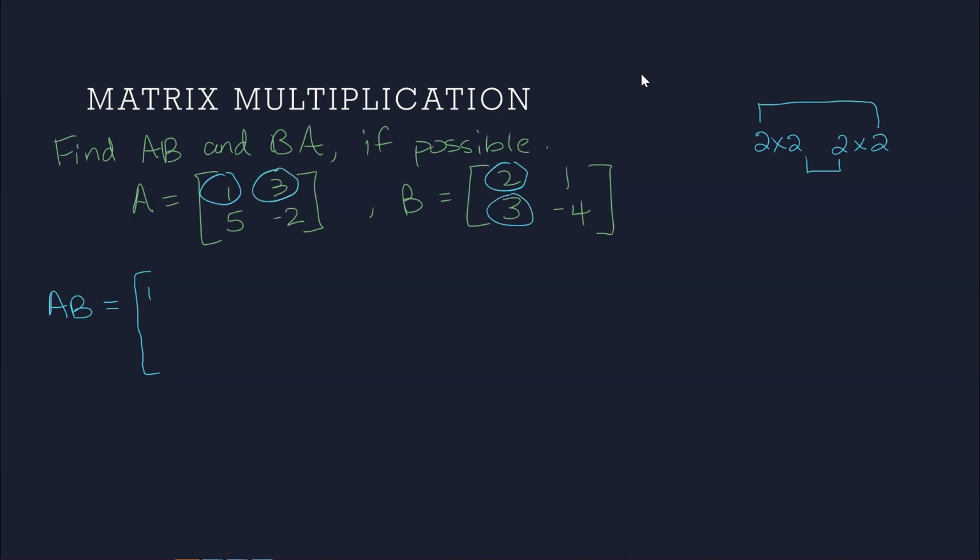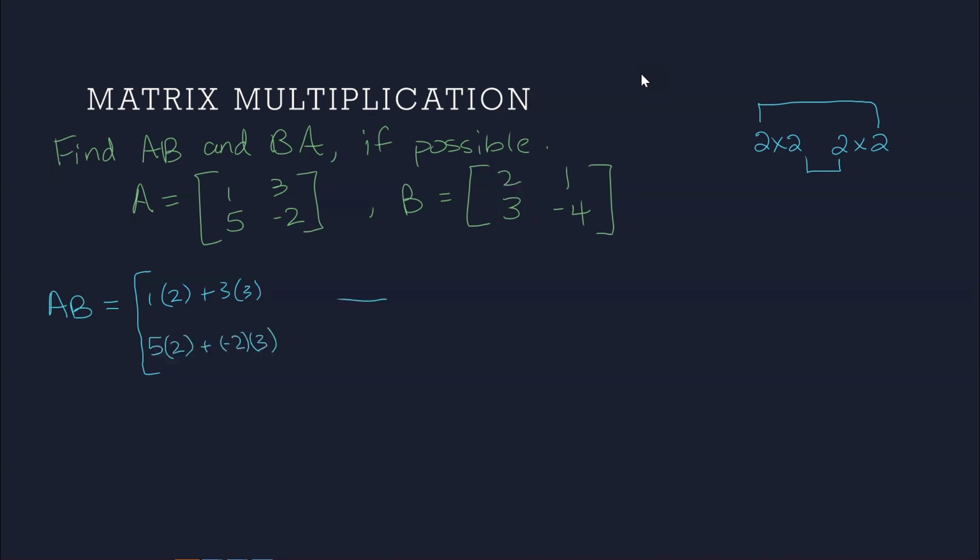So we're doing 1 times 2 plus 3 times 3. Then to get element 2, 1, in the second row but the first column, we take the second row from A and multiply it by the first column in B. We'll get the dot product. So we're going to do 5 times 2 plus negative 2 times 3.